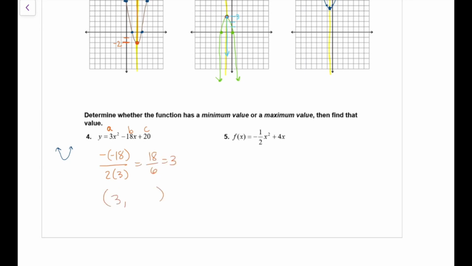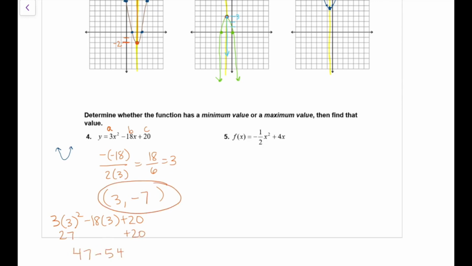So our x value is 3. Now to find our y value, we take the 3 and plug it into the equation. 3 times 3 squared minus 18 times 3 plus 20. And you can just plug that right into your calculator. What you end up getting is negative 7 for the y value.